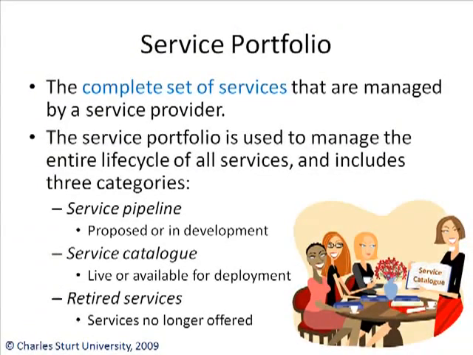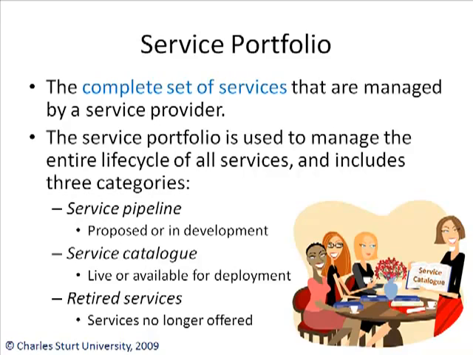So here you've got it. The service portfolio according to ITIL v3. The service portfolio is the complete set of services that are managed by a service provider, typically an IT service provider. The service portfolio is used to manage the entire life cycle of all services and includes three categories or three main components.